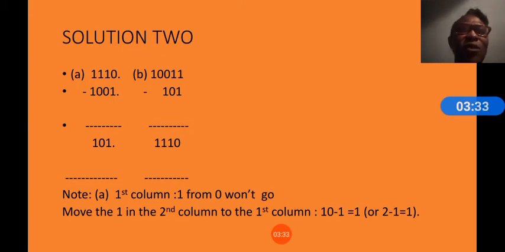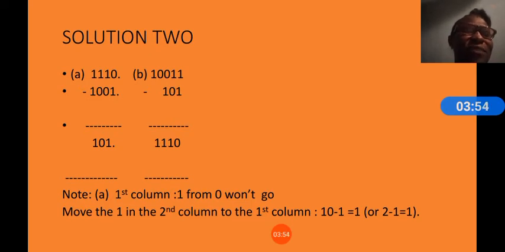In the first one, that is A, in our first column, we have 1 from 0. That is, subtract 1 from 0, which won't go. So we move to the next column. And we have, in the second column, 10 minus 1, which is 1.